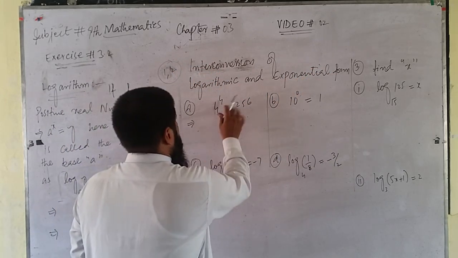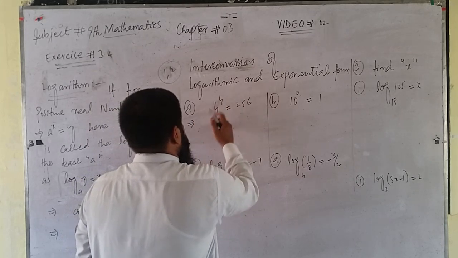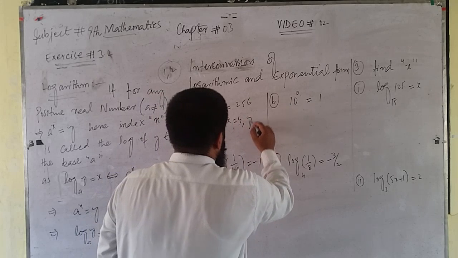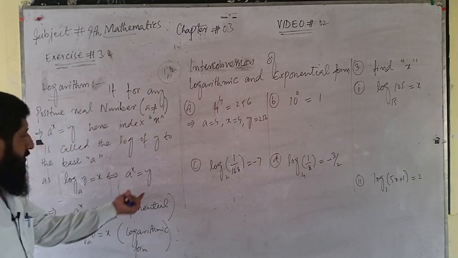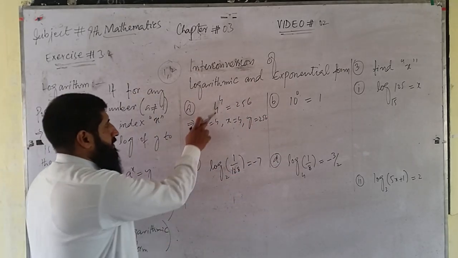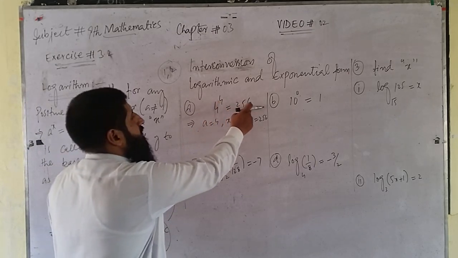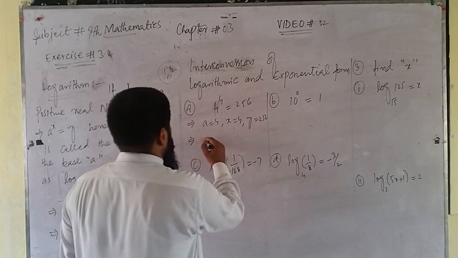In such a mathematical equation, the base is a power x. So a equals 4, x also equals 4, and y equals 256 according to the exponential equation a power x equals y. Now in logarithmic form, how will we convert it?